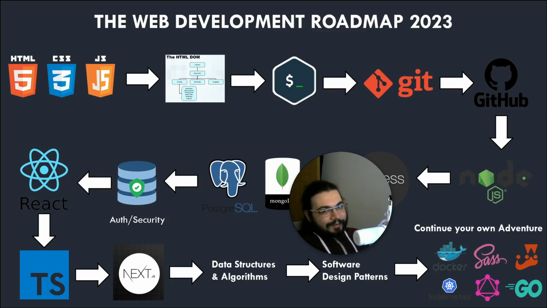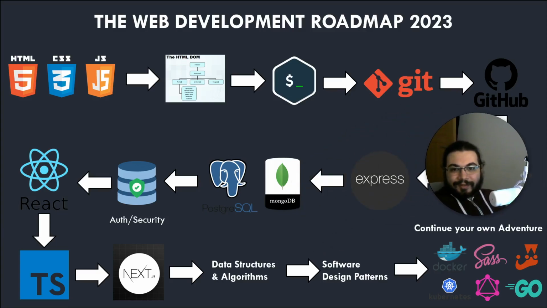But the learning never stops. In the web development industry, the learning never stops. There is always a new technology, and technology always improves. So you need to choose your own adventure. Continue on learning new technologies. But at this point, you can decide what you want to learn yourself because you have the knowledge required.